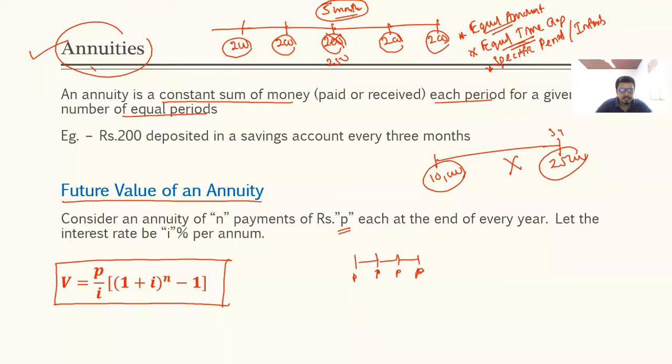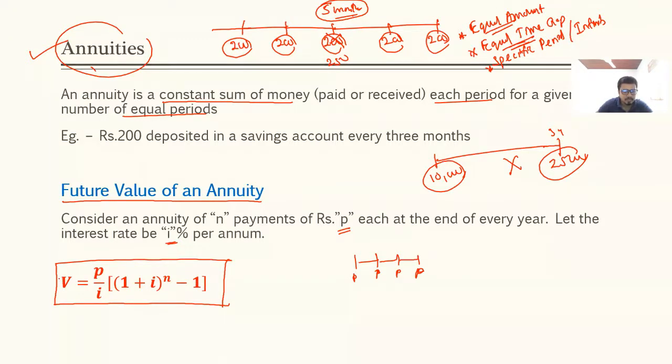Assume there are 4 payments here, that is n, of p rupees each, the same amount which we are paying throughout this given period. At the end of every year, let the interest rate be I% per annum, then the future value can be found using this formula.